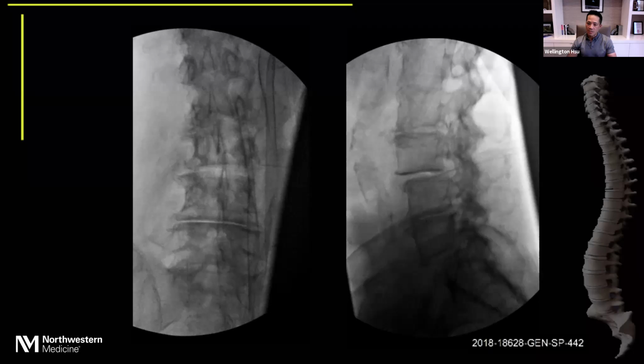If you slip 10 degrees, we're talking about the difference between a vessel injury and being right through the disc. So that's why you have to use all of your landmarks that you have in front of you, including the table and including how the room is situated and how you're doing the operation.